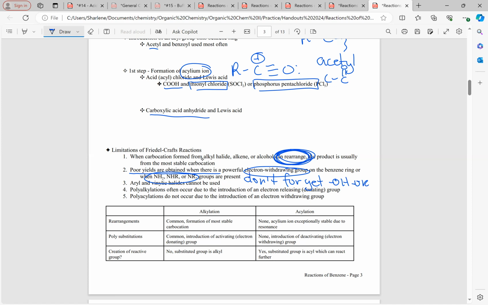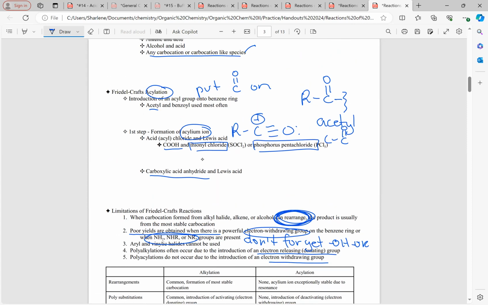All right, polyalkylations, it'll happen more than once, will occur if you have donating groups on it. And polyacylations do not occur because you have an electron withdrawing group. Now, I know that seems like, well, that doesn't make any sense to what we just did. It leads into the next section. So I'm going to go talk about those activating groups and deactivating groups, and then I will come back and say, oh, here's how this applies to Friedel-Crafts alkylation and acylation.